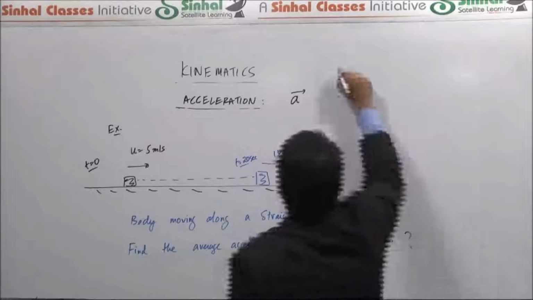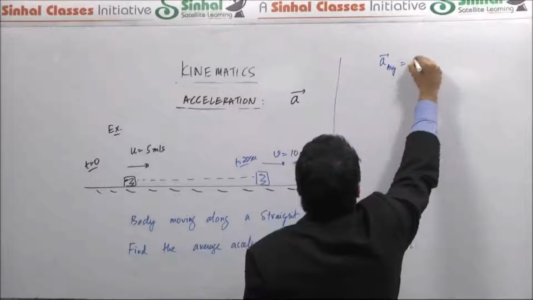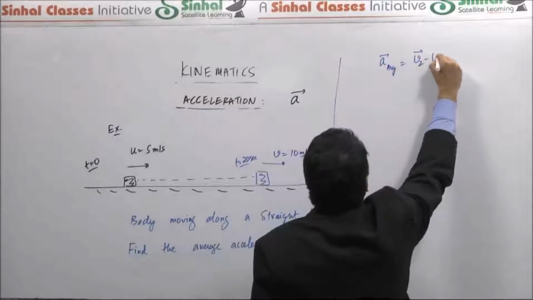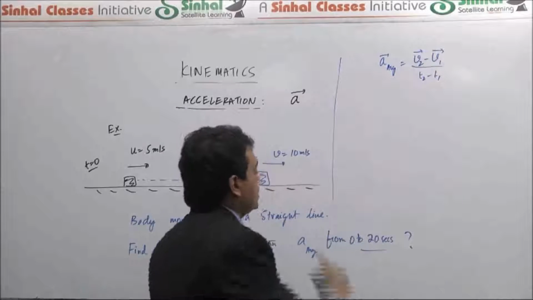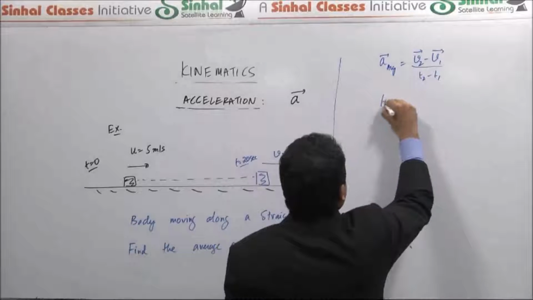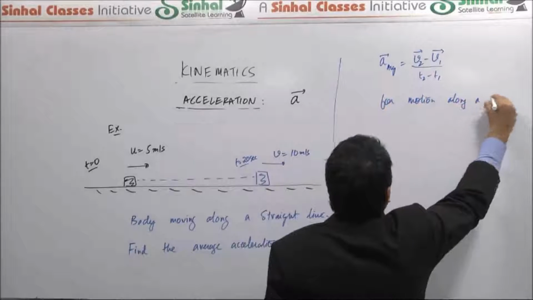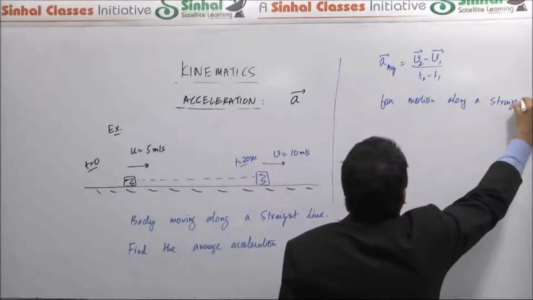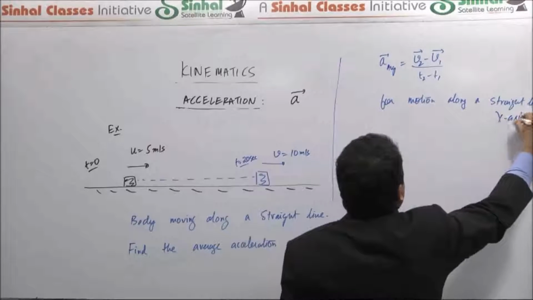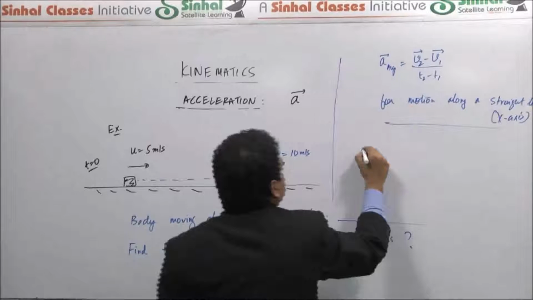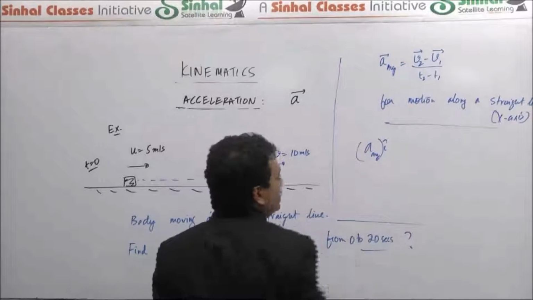Okay. So keeping in mind the definition of average acceleration, you can see that for motion along a straight line, let's say the x-axis, this average acceleration will be along the x-axis, so we can write it as a i cap.